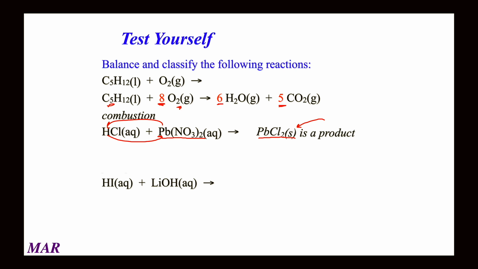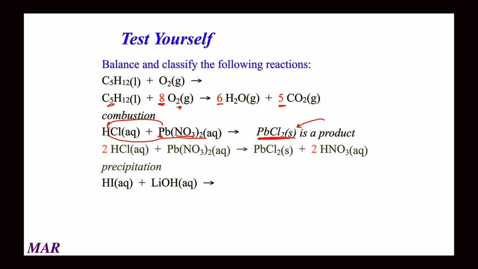Lead is positive 2 in PbNO3, so it's going to be PbCl2 with negative chloride. H plus and nitrate, NO3 minus 1, come together. That's going to make HNO3, and you're going to need 2 of them. So for this reaction, you would need 2 HCl plus PbNO3. That makes the PbCl2 solid and 2 HNO3.